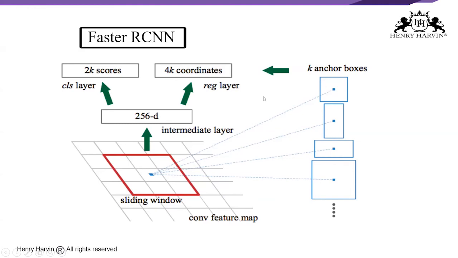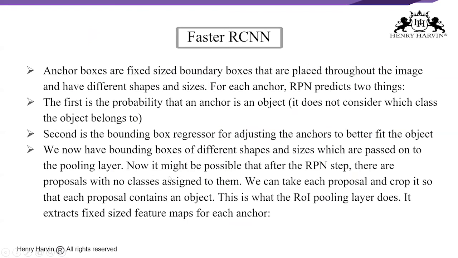First, the probability that an anchor is an object. It does not consider which class the object belongs to, but first predicts the probability that the anchor is an object. Second is the bounding box regressor for adjusting the anchors to better fit the object.